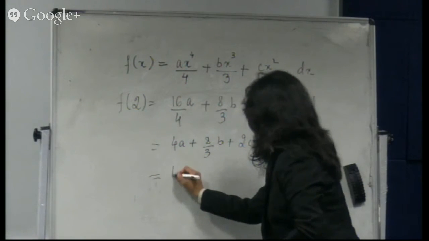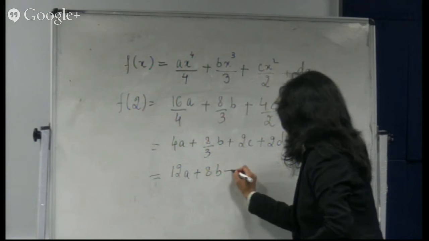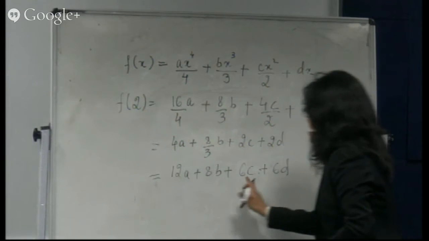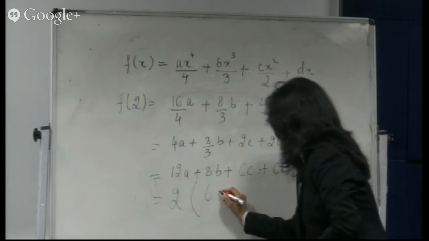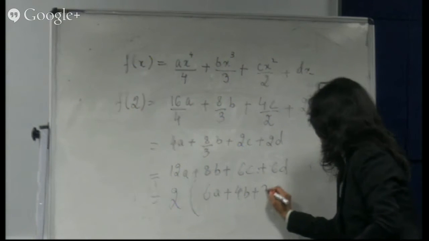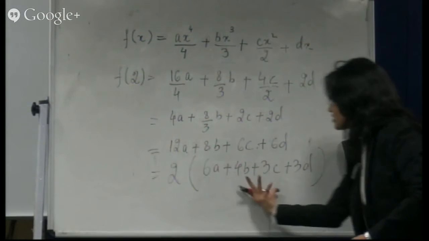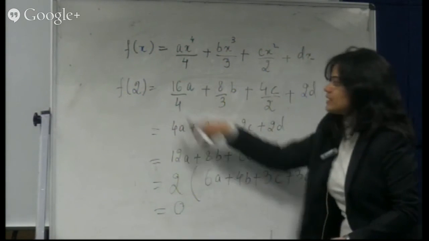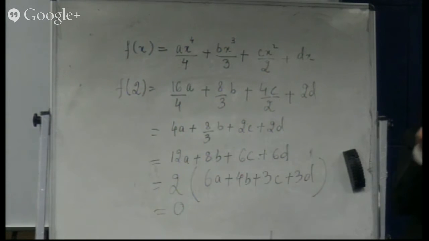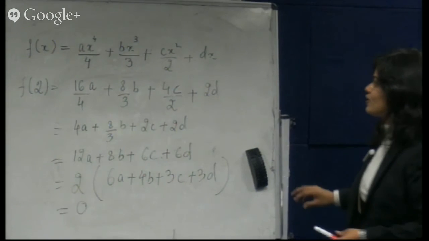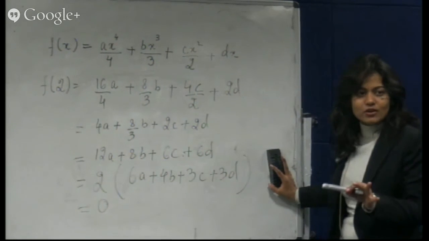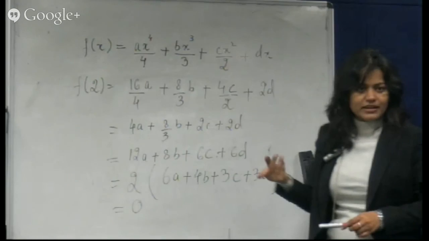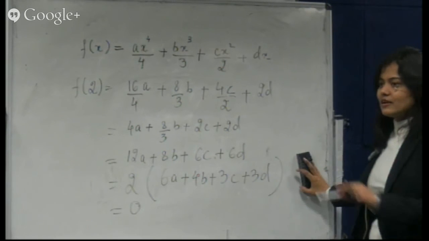So this is 12a plus 8b plus 6c plus 6d. And if you take 2 outside, you are left with 6a plus 4b plus 3c plus 3d. This is exactly the expression we had got. Okay, so this is given to be 0. So 2 into 0 is 0. So Rolle's theorem is applicable on the closed interval 0 to 2. By applying Rolle's theorem, there is at least one root of the derivative of this polynomial, which was the given equation. So it will have at least one root in this interval.